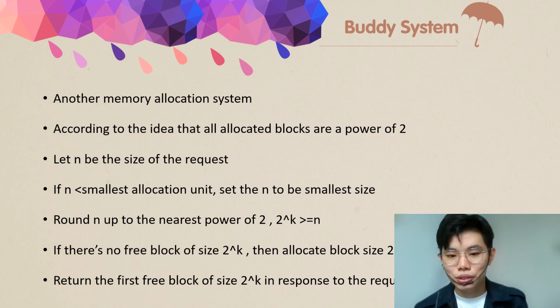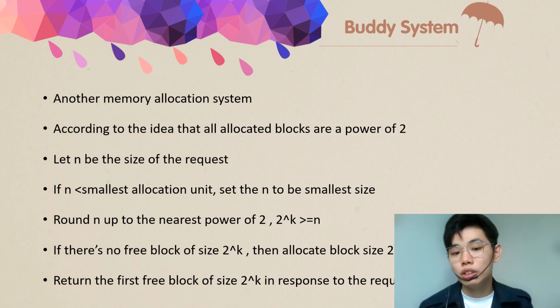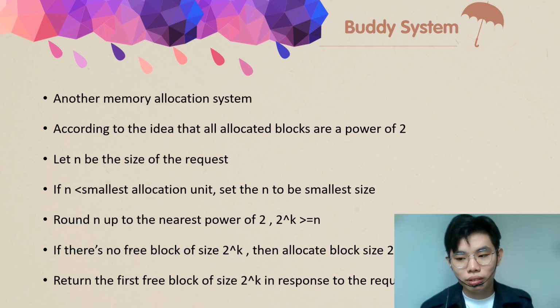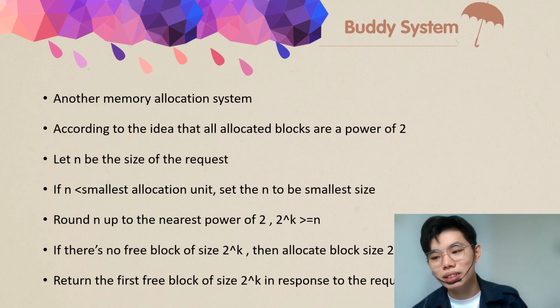Understand? If I'm using 2 power of 5, it's not enough because you will just get 32k, so 32k memory size is not enough to cater the 60k just now. So that's just a simple explanation of what buddy system is.